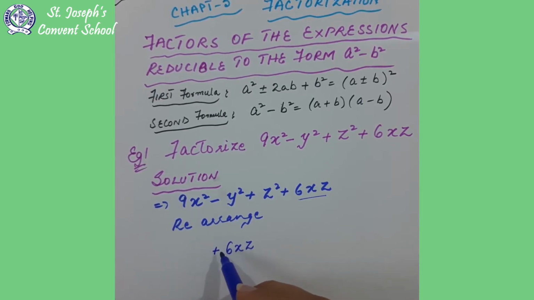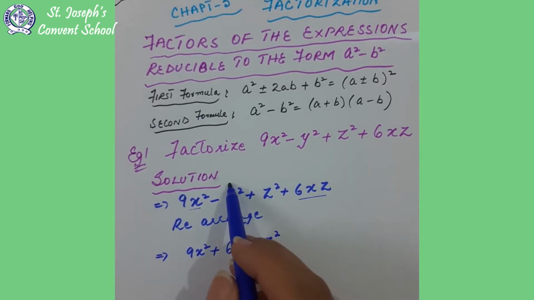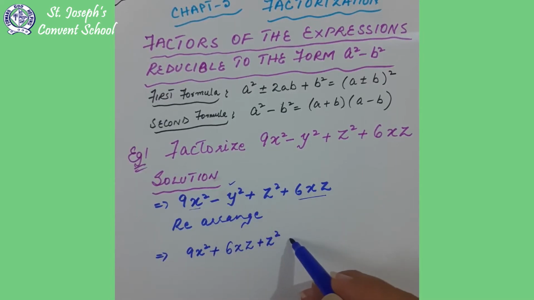Now according to this, the x term is your first term, so the first term is 9x square, and z is the third term, so plus z square. So we have arranged this, and the remaining term, minus y square, will go at the end.